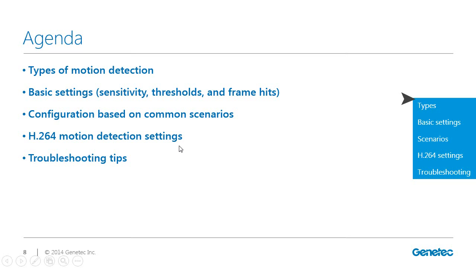Our section on H.264 motion detection is next, where we'll talk about the encoding settings for an H.264 stream and how we can fine-tune our motion detection process using them. Finally, as I mentioned, we have some troubleshooting tips for any common problems you might run into.